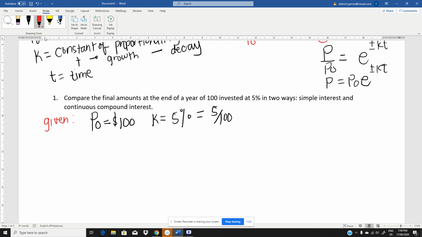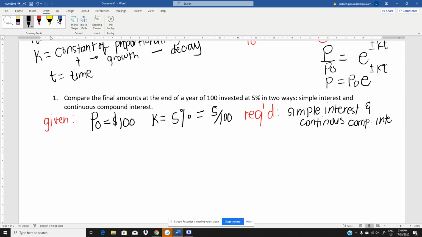We know that the formula for simple interest is P is equal to P0 multiplied by 1 plus k over 100.